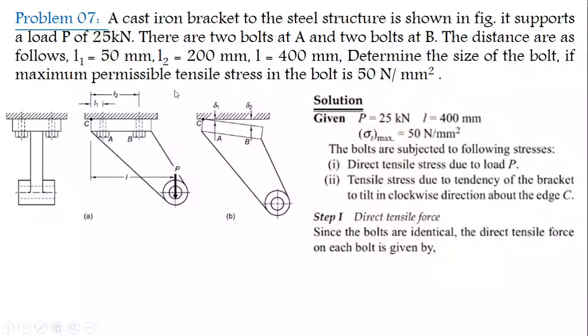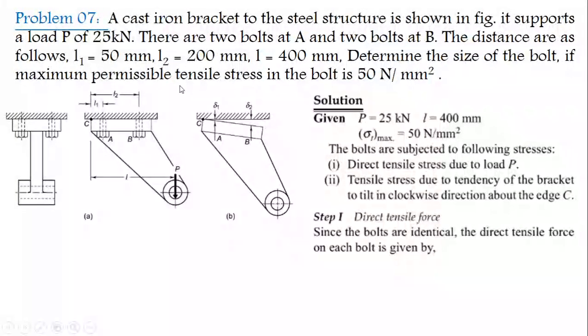There are two bolts at A and two bolts at B, so the total number of bolts is 4. The distances are as follows: L1 equal to 50 millimeter, L2 equal to 200 millimeter, L equal to 400 millimeter. Determine the size of the bolt, if the maximum permissible tensile stress in the bolt is 50 Newton per millimeter square.